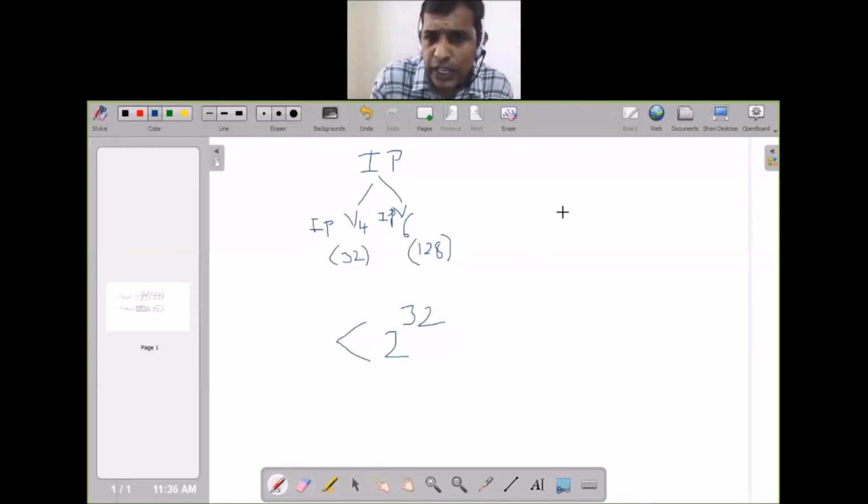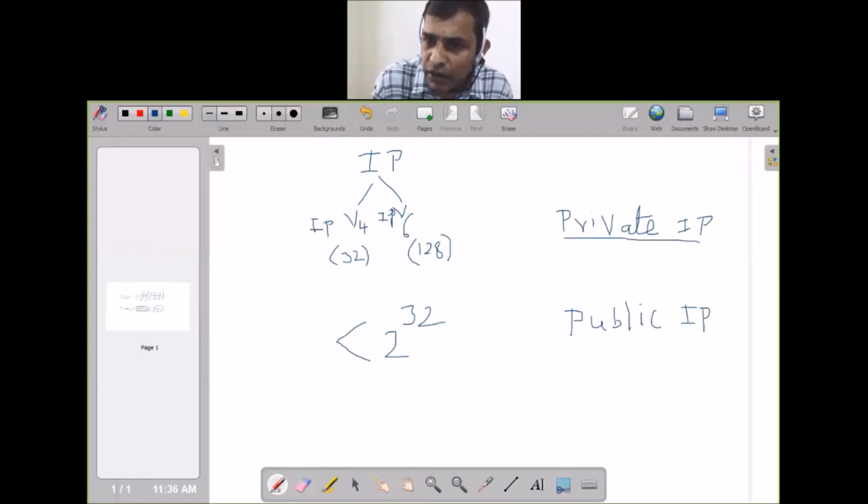Anyway, the point to say here is there are two types of IP address: private IP and public IP, which is globally used IP. There are some ranges of IP addresses which are reserved. Any network can use these IP addresses.